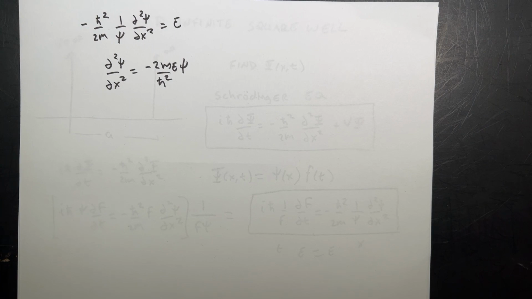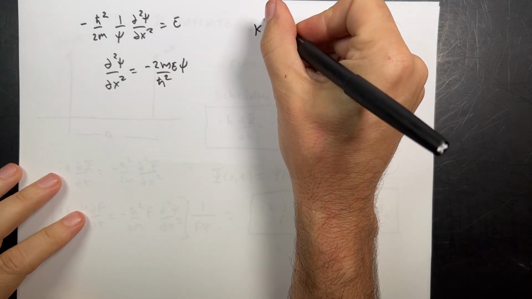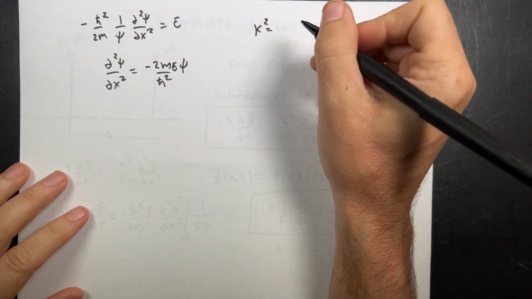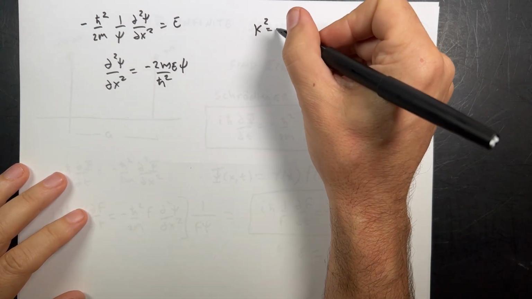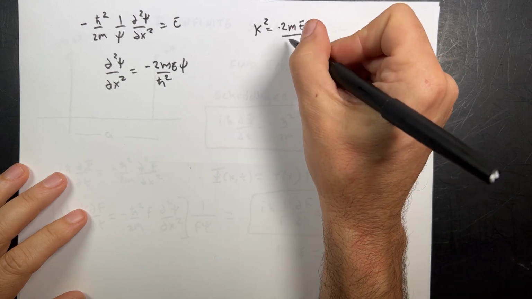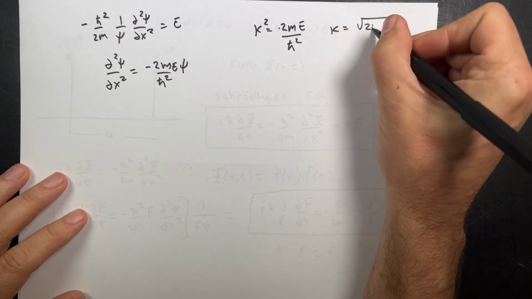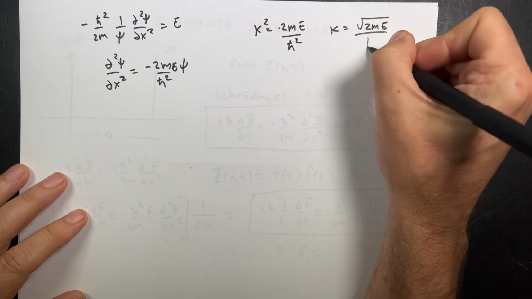Okay. It turns out that it makes our life a little bit easier if we call this k squared. So I'm going to say k squared is, because we get this constant in there, k squared is going to be 2mE over h bar squared, or k equals the square root of 2mE over h bar.